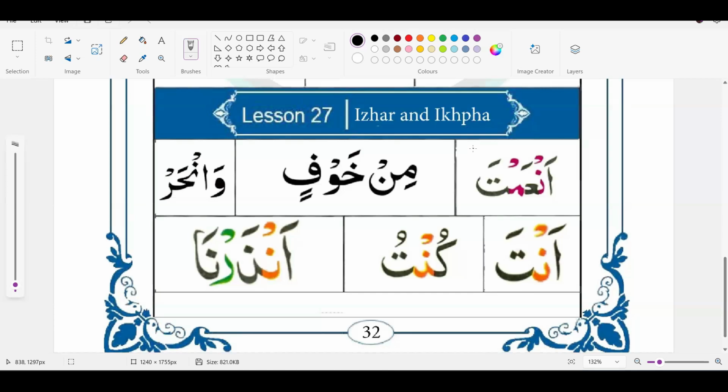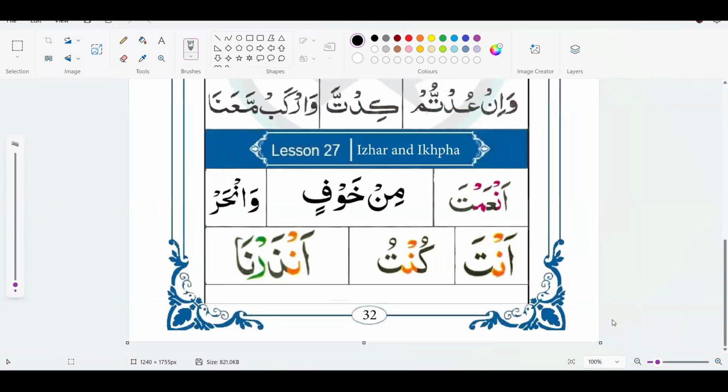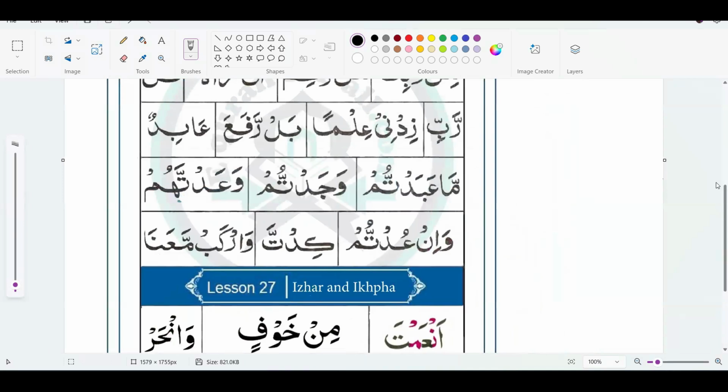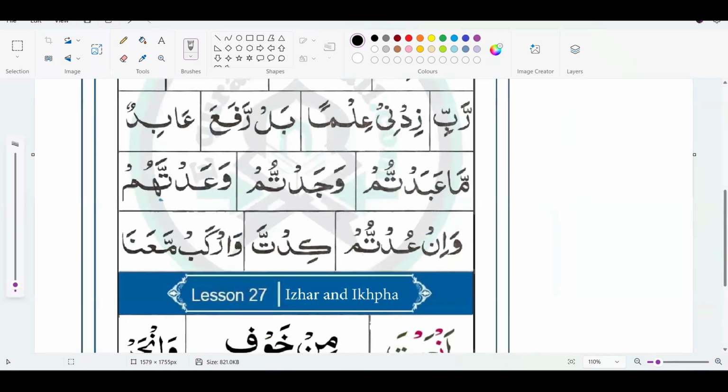There are 15 letters total in Ikhfa. Whenever any one of them comes after Noon Sakin or Tanween, we read it with Gunna. As I know, 15 letters is very hard to memorize, right? So I have a tip for you.